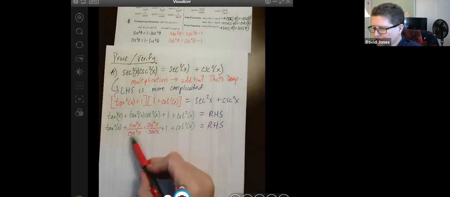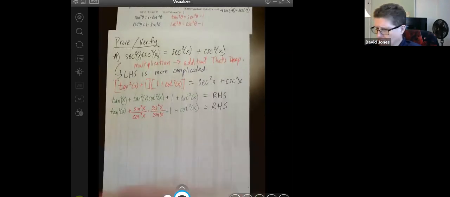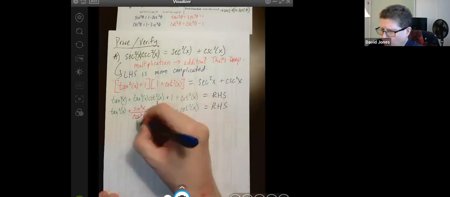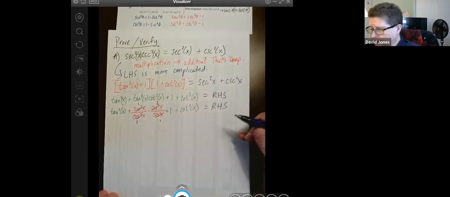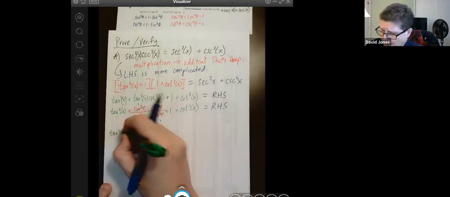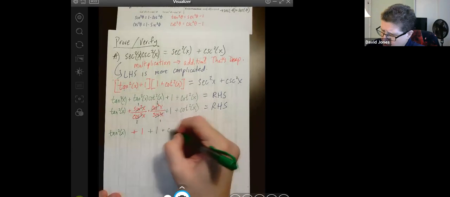Wow, that just cancels out, doesn't it? Cosine squared, they leave behind a 1. Sine squared, they cancel out, leave behind a 1. This turns into tangent squared x plus 1, and then I still have plus 1 plus cotangent squared x.